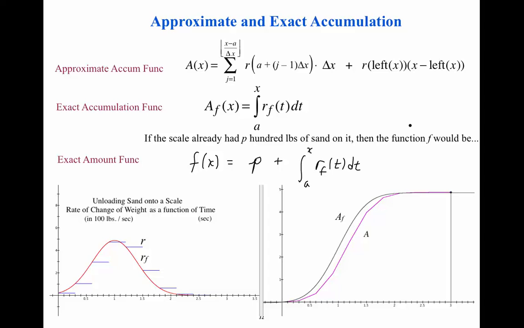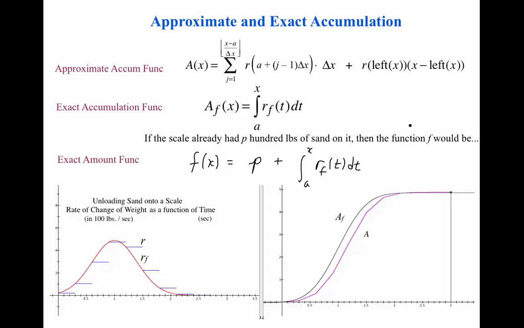So, the difference with an accumulation function: accumulation always starts at a value of 0. The accumulated amount of the sand, even though there's sand on the scale to start, starts at 0. It's the new amount, the changes adding up. So for the amount function, it would be whatever initial amount you had plus the accumulated amount.